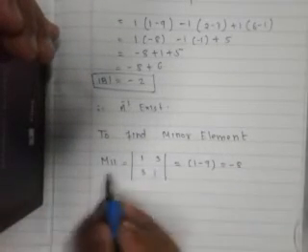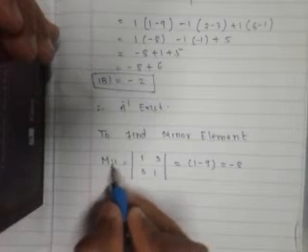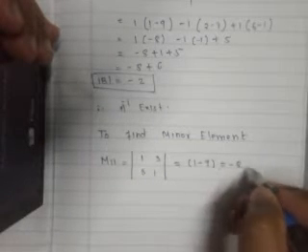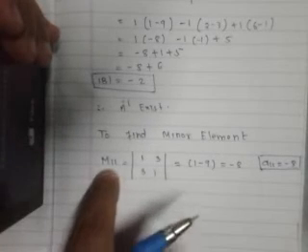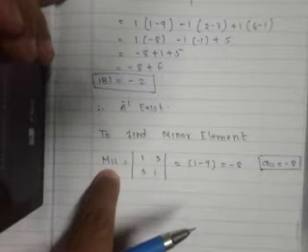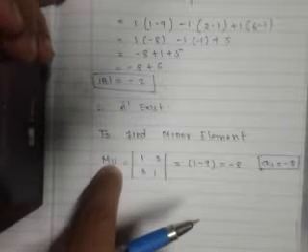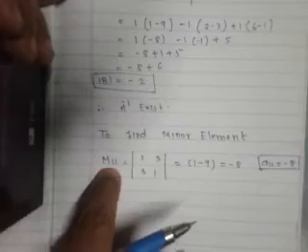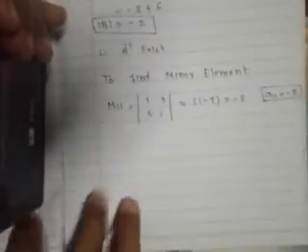Now I am also writing the cofactor elements. For position 1 1, 1 plus 1 is 2, so it is an even number and this value will not change. So A11 is equal to minus 8. We only have to see the position: if it is even, we will not change the sign; if it is odd, then we will change the sign of the value.